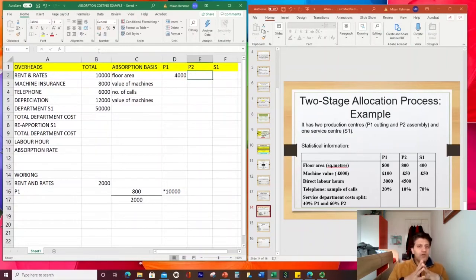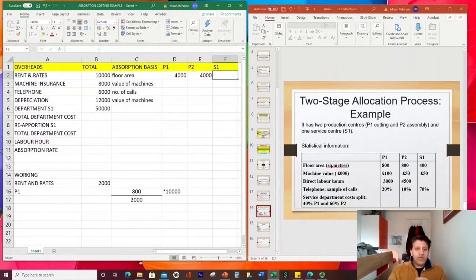So 4,000 of the cost should be allocated to P1. We can do a separate calculation for P2. However, it is really not necessary because the floor area occupied by P2 is exactly the same as P1, so I can simply copy and paste 4,000 here, and then S1.